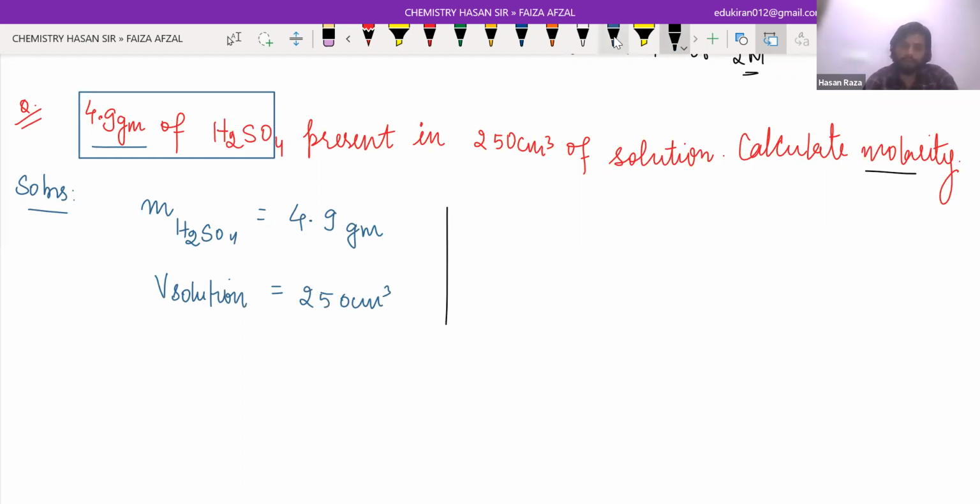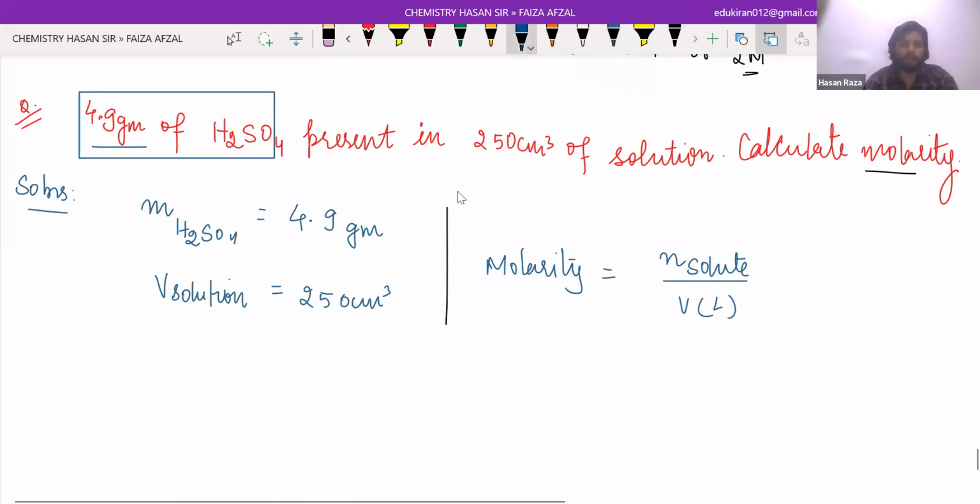So simply, you write the formula of molarity. It says number of moles of solute upon volume of solution in liter. First of all, look at the volume, which is in centimeter cube. Do you know how to convert centimeter cube into liter?